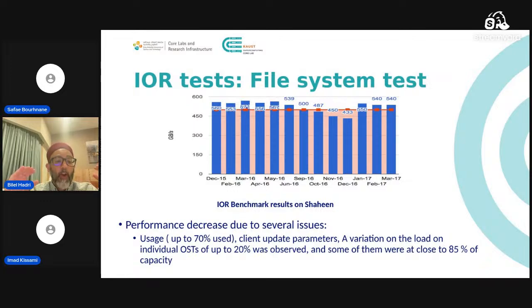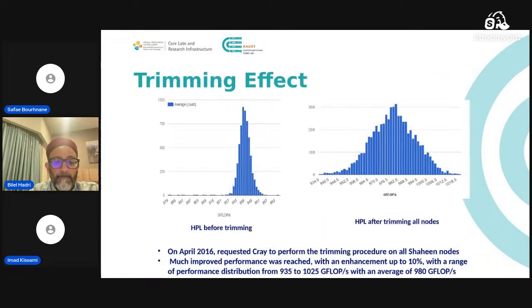So there was not a proper balance of the disk across all the OSTs. Later on, we discussed with the vendor, we said, look, you have a big difference, and immediately they fixed it. So when you have historical values, you can demonstrate, okay, please fix. If you don't have that, believe me, it will go down, and then you will see the performance of your machine not going as expected.